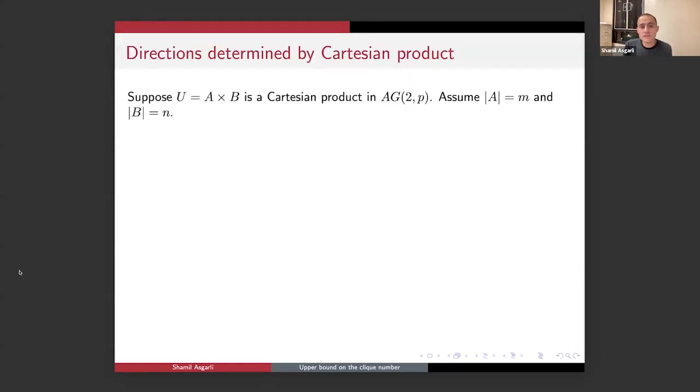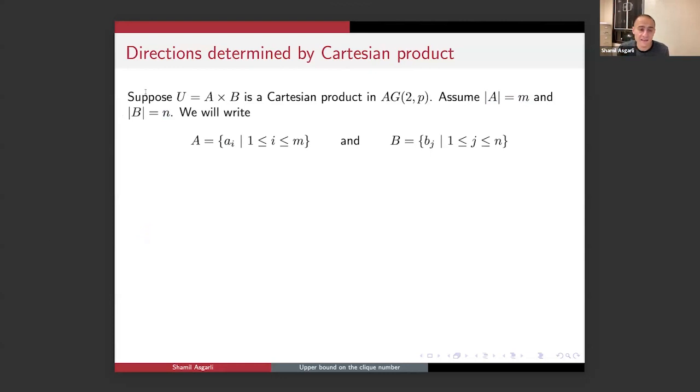So suppose you have a set A cross B, that's a Cartesian product. Now we're going to use M for the number of elements in A and N for the number of elements in B. So the notation is a little different now, because previously the set had N elements. Now the set altogether has MN elements.